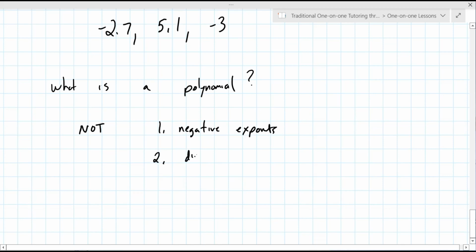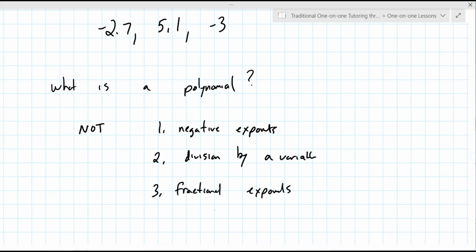You're looking for division by a variable. You're looking for fractional exponents. And there may be others, but that's all I can think of at the moment.